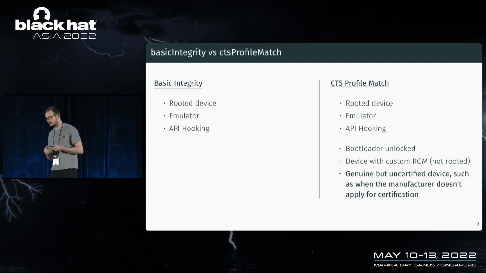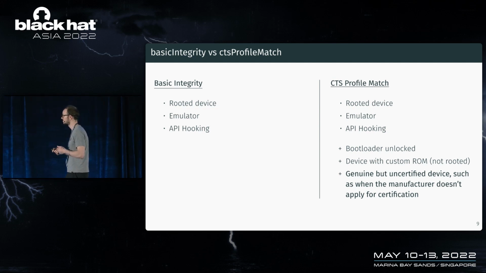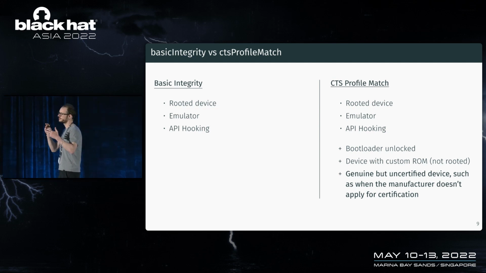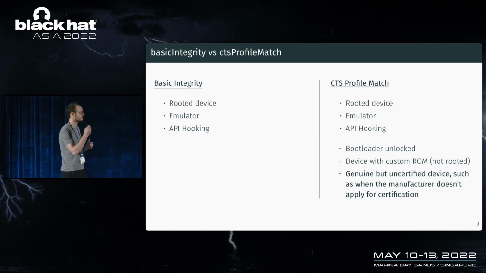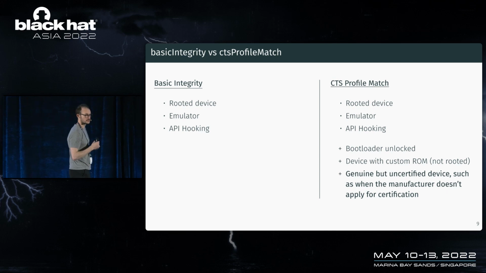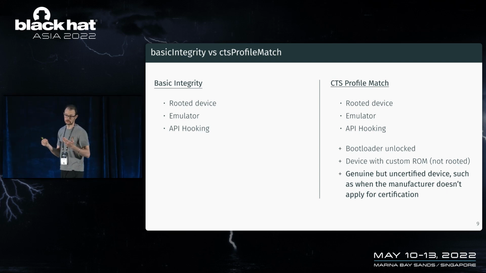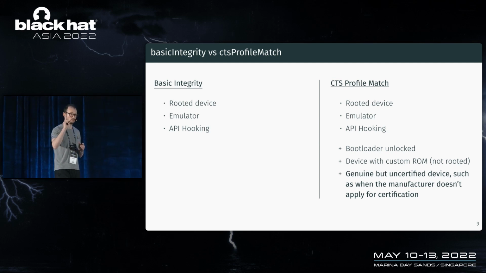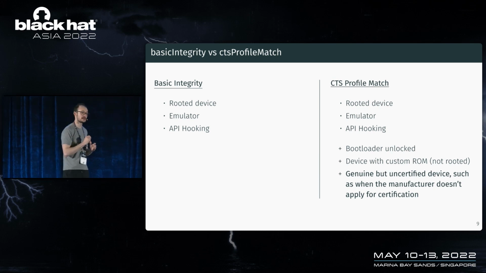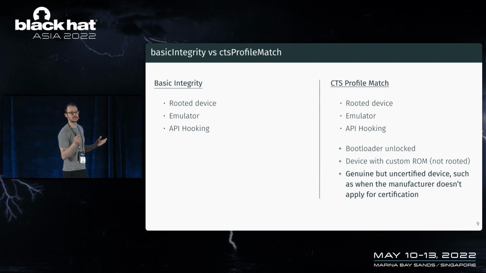And on the other hand, CTS profile match will do more or less the same checks as basic integrity, but it will also detect if your bootloader is unlocked, which is one step to get root on an Android device. But the important point here is that CTS profile match will be set to false if the device did not pass the Google certification.